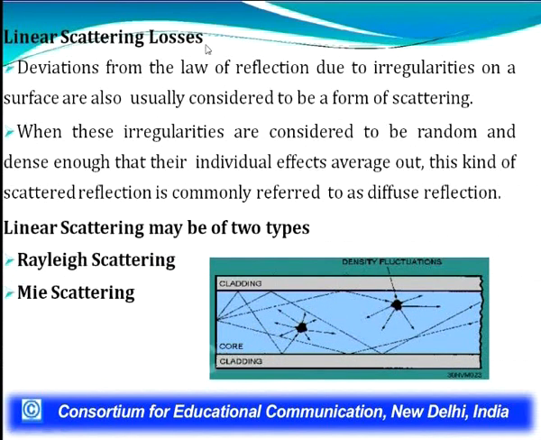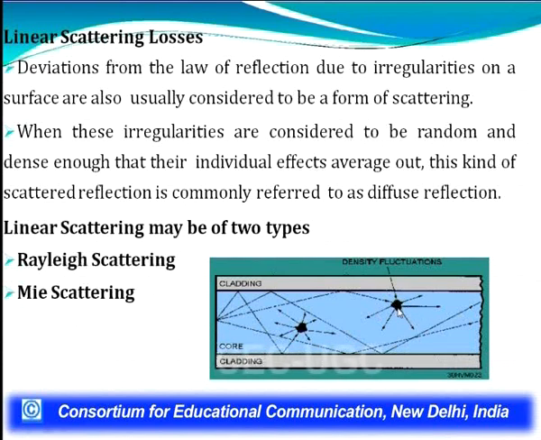In the linear scattering losses, deviation from the law of refraction due to irregularities on the surface is also usually considered to be a form of scattering. Here the light is lost from the surface because of the irregularities in the surface.